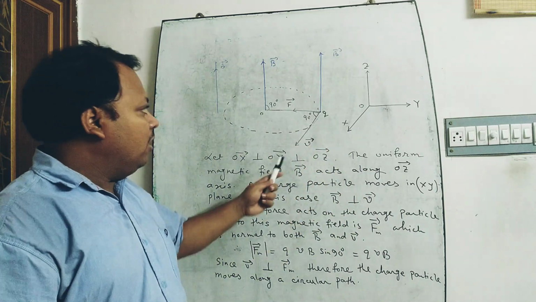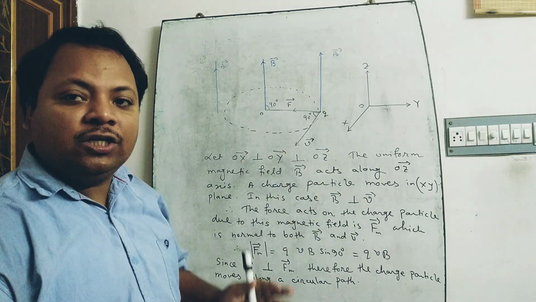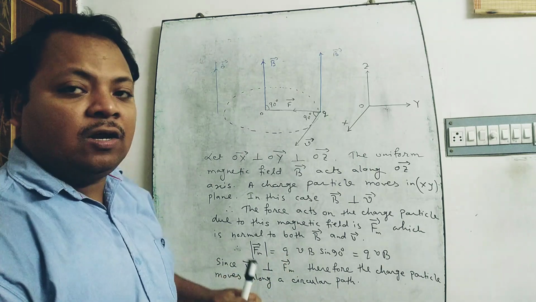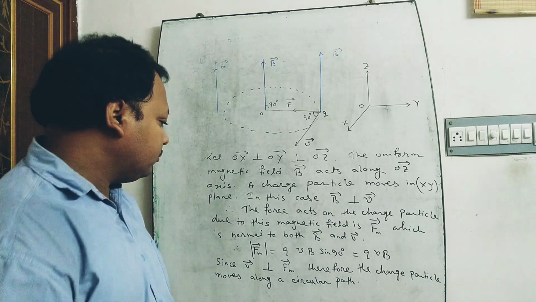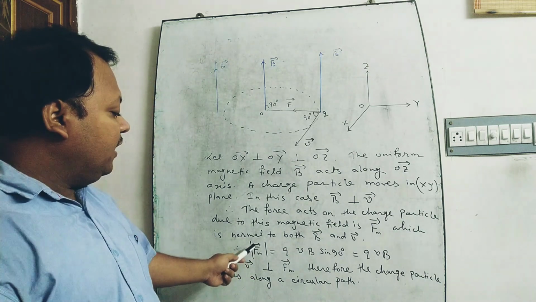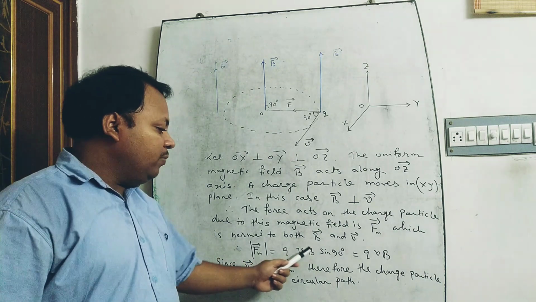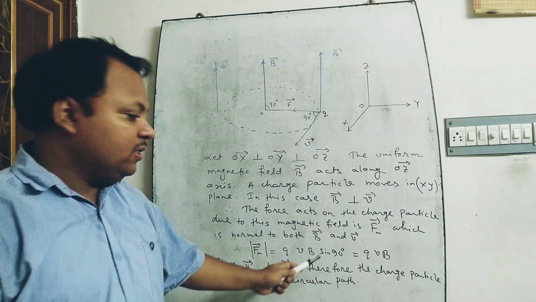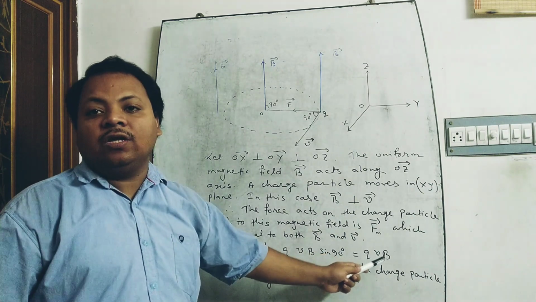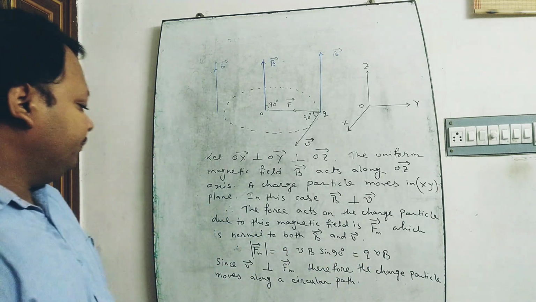That's why the F vector, that is the force, is normal to the plane containing B vector and V vector. Therefore we can write the magnitude of Fm is equal to QVB sin 90 degrees, which is equal to QVB.